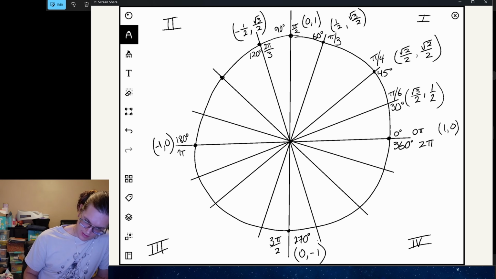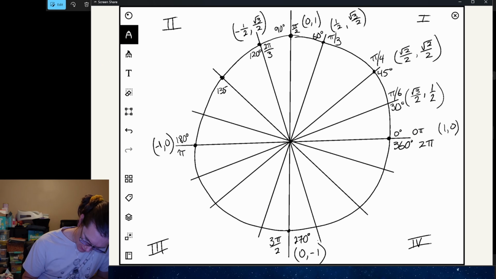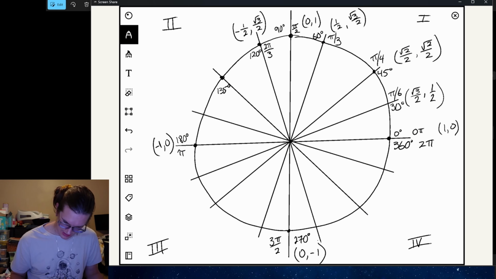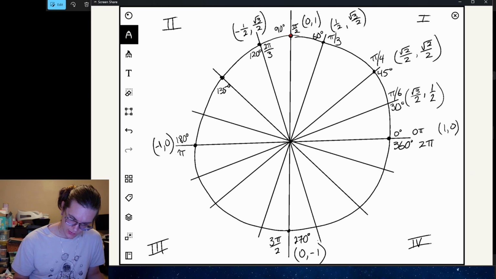Add 15 degrees now because that's what we chose to do, right? 30, and then another 15 is 45, another 15 is 60, then we add 30 again. Add 15, we have 135 degrees, and here we have 1/4 pi, 2/4 pi, which is pi over 2, 3/4 pi, and that's going to have these same coordinates, but with a sign change.